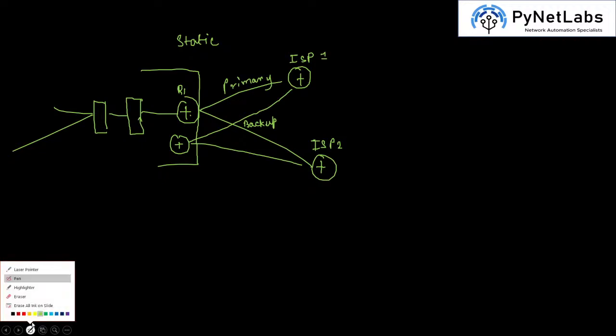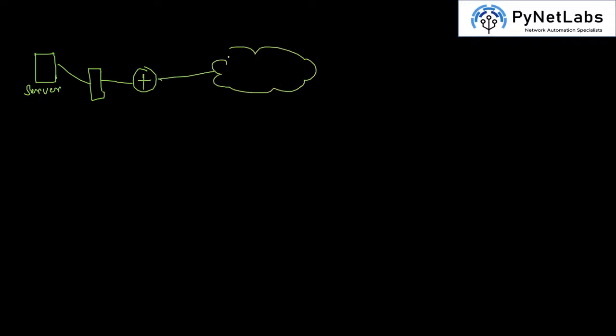For example, again, let's say you are working in some organization and you have this router at your data center. Then there is a switch connected to the router, and then we can say there is a server. Now this particular router is connected with an ISP and my other sites are also connected with an ISP.